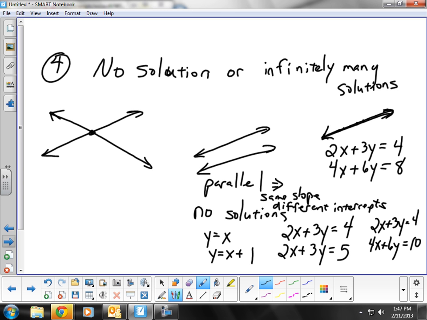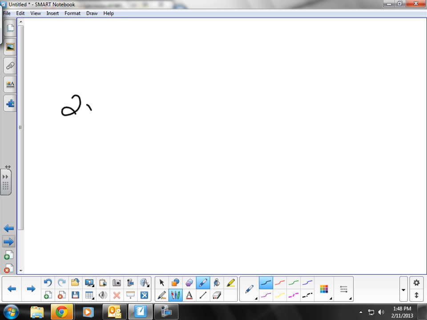Now, if you forget what it looks like and you don't notice that this is the same line, we need to talk about what's going to happen. So let's just take our example there, our 2x plus 3y equals 4, and the 4x plus 6y equals 8. And let's pretend like you didn't notice it. So you are going to do the elimination method, okay?